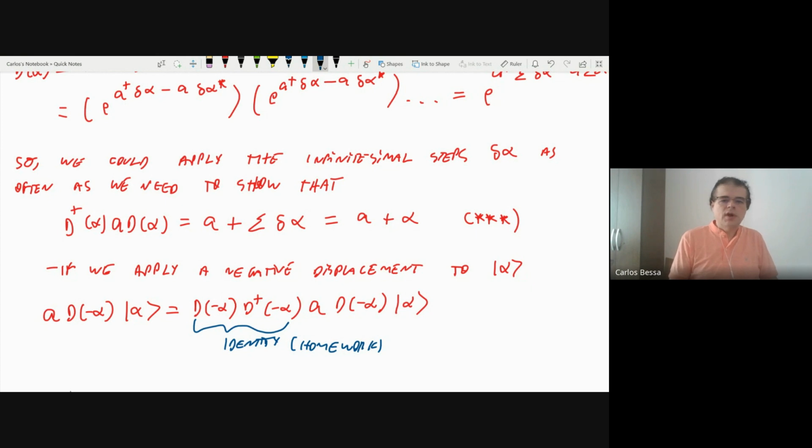So since we have this property, D dagger of alpha a D of alpha, this guy here, D dagger of minus alpha a D of minus alpha, using this, will give just a minus alpha. Instead of displacing to the positive side, I displace to the negative side because the displacement is negative.